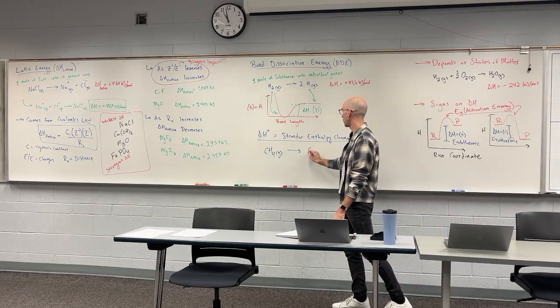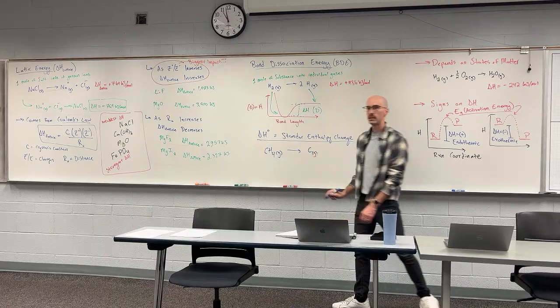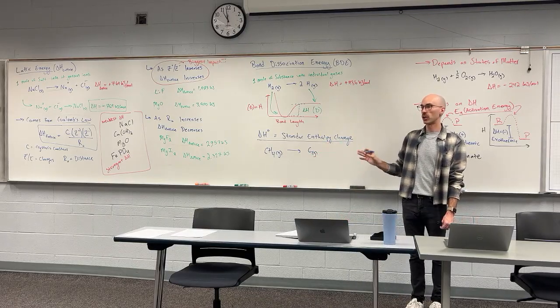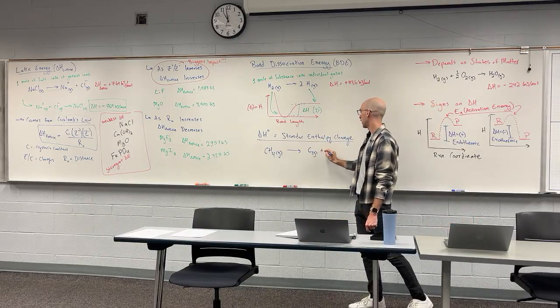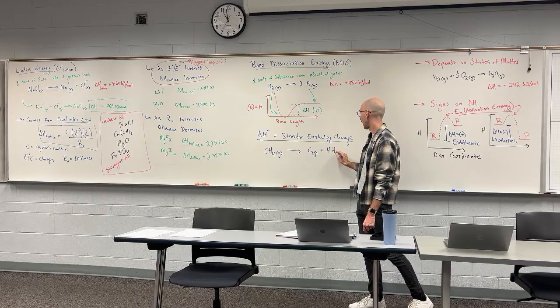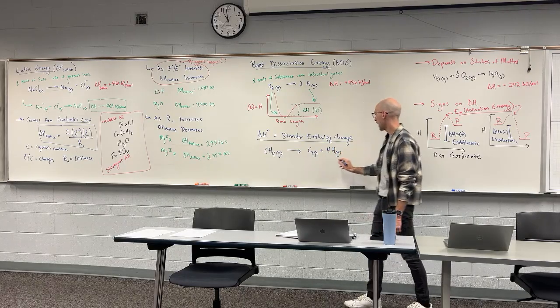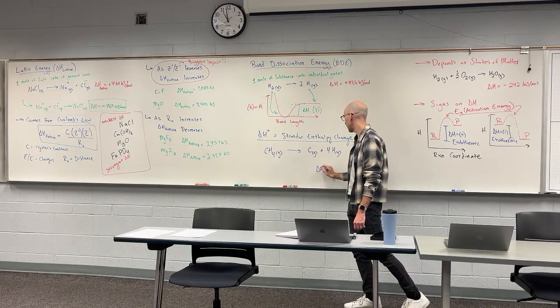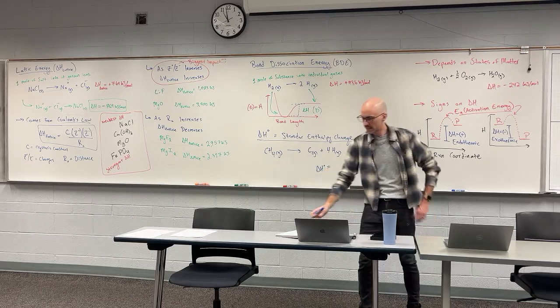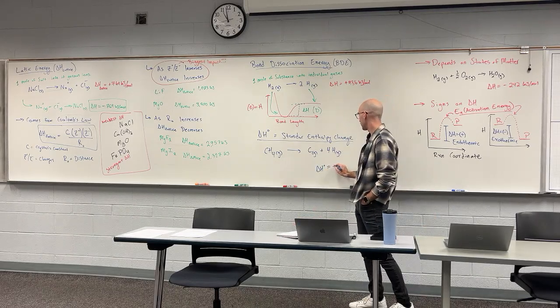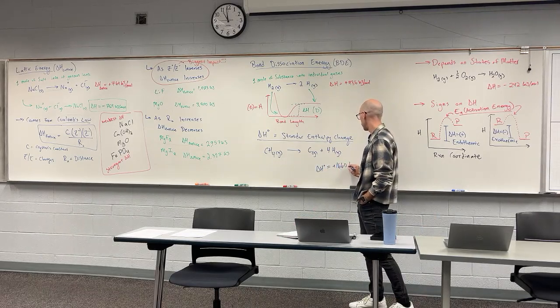One of them would be carbon gas. Since it's one carbon, it's one carbon. And 4 hydrogen gas. Delta H naught for this process is given as positive 1,660 kilojoules per mole.